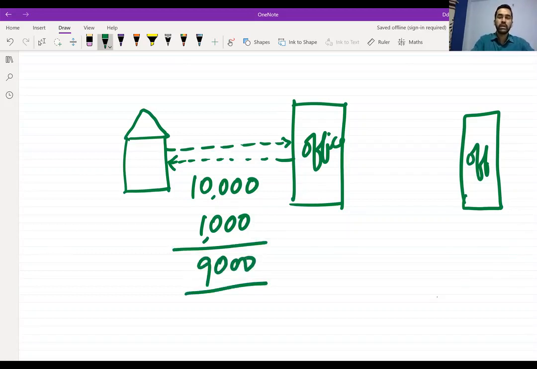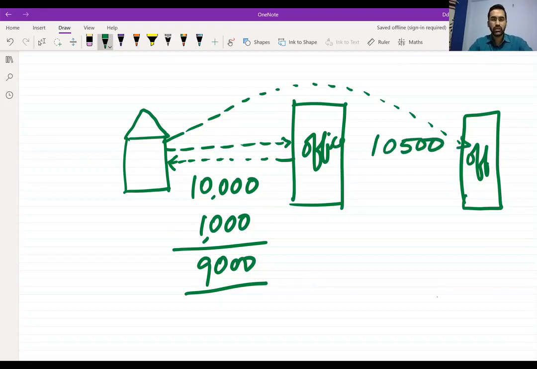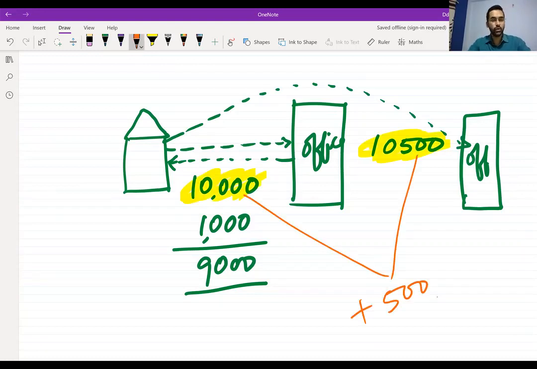This company gave a job offer and said, we will pay you 10,500 rupee. Please join us. Will you just compare 10,000 and 10,500 and say 500 rupee gain, let me join? No, you'll compute one more number.